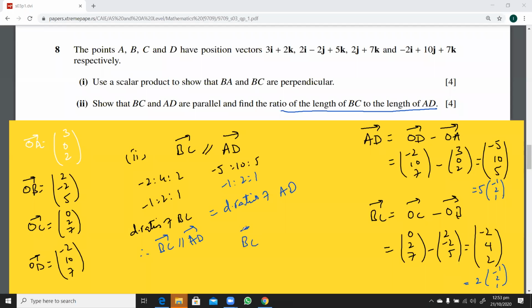BC ratio AD is 5 times minus 1, 2, 1 ratio 2 times minus 1, 2, 1. So these are cancelled and you're left with 5 ratio 2. Oh, this was 2 over here, so this is 2 and this is 5. So your answer is 2 ratio 5.